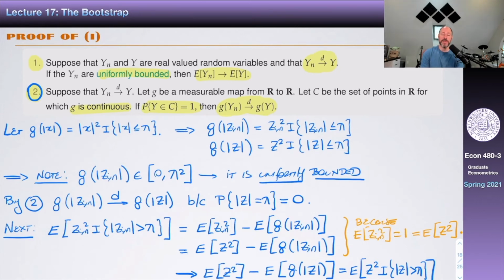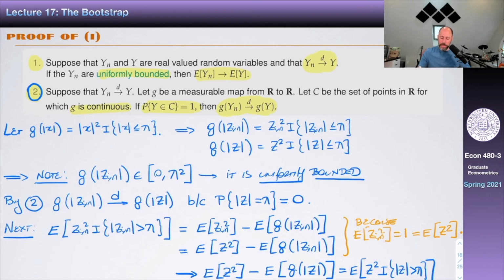And then in the first step, we replace the expected value of z_n squared by the expected value of z squared because both are 1. And in the last step, we take n to infinity, and the expected value of the g function converges because g is uniformly bounded, and we can apply this first thing over here, right?